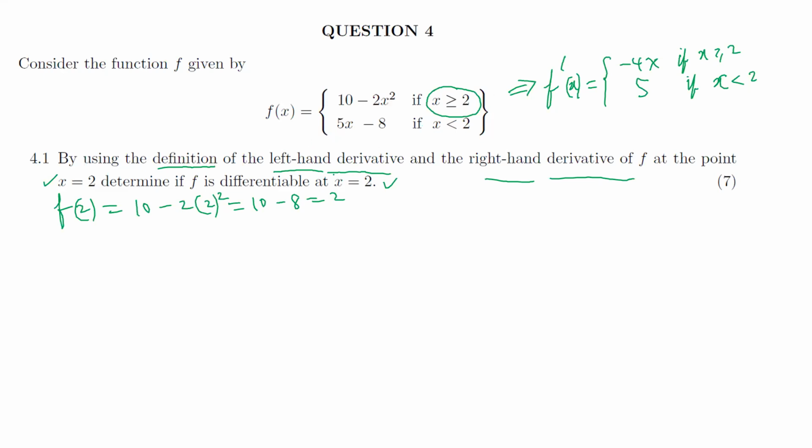At x equal to 2, you can just substitute. F prime at 2 is the same as minus 4 into 2 if x is bigger or equal to 2, 5 if x is smaller. And so this derivative is just minus 8. These are the answers we expect.